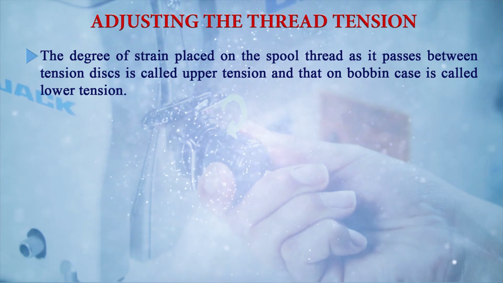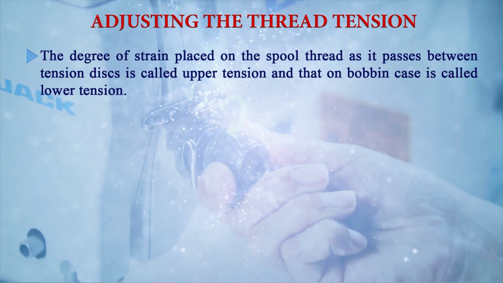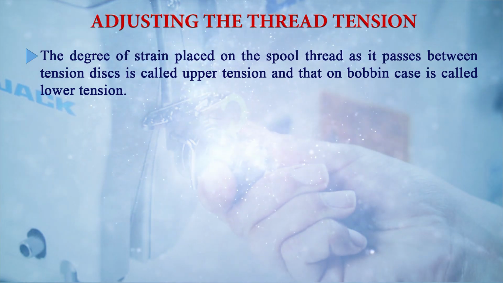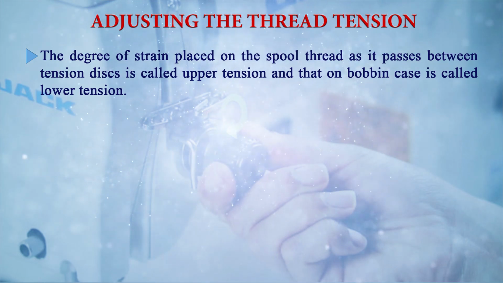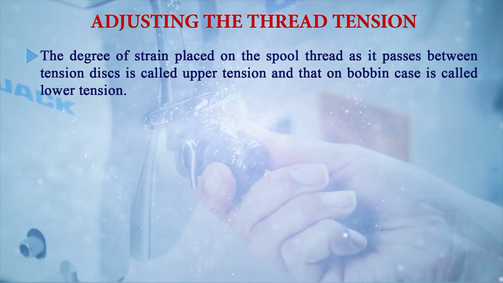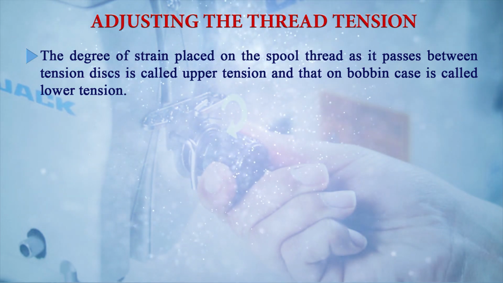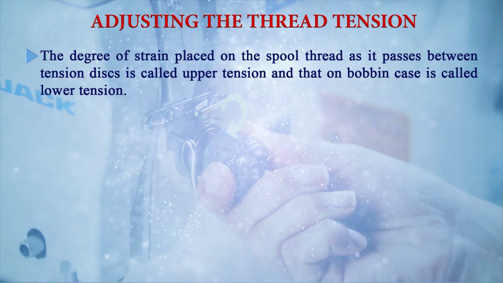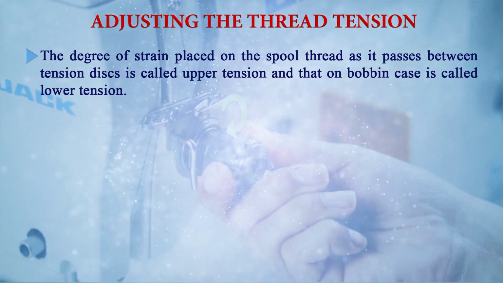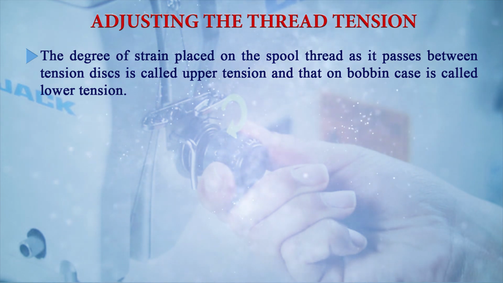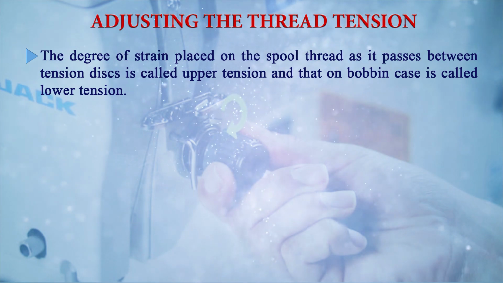The degree of strain placed on the spool thread as it passes between the tension discs is called the upper tension. When you see a sewing machine, at the upper side where we keep the thread spool, from where we pass the thread to go into the needle, there is the tension disc.